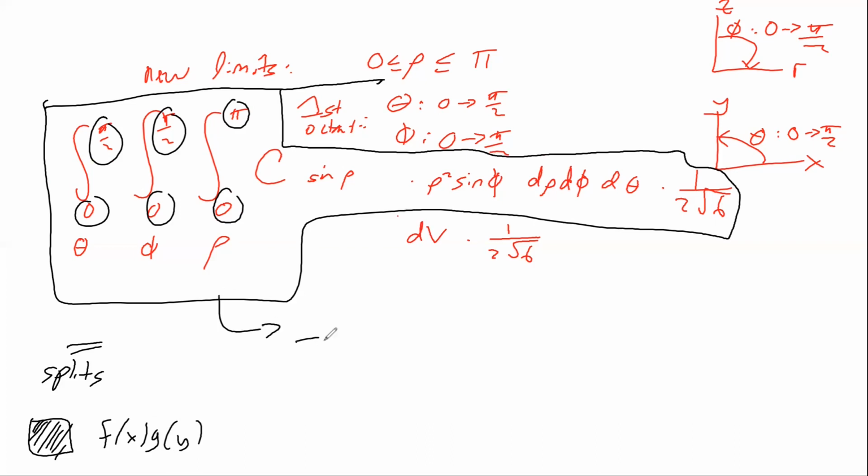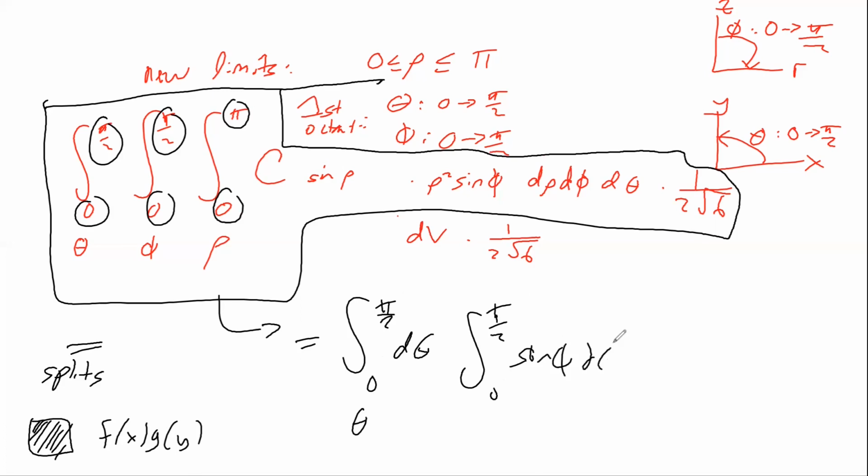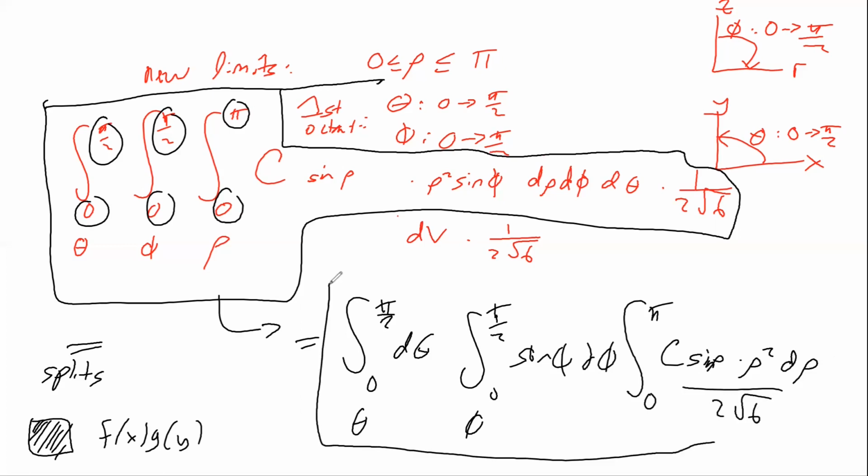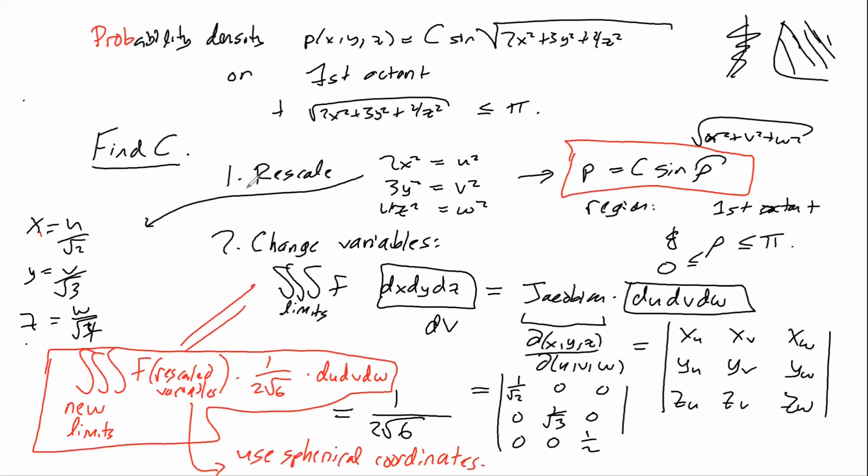So when you split that, it looks like the integral from 0 to pi over 2, the integral from 0 to pi over 2 of sine phi d phi. And finally, we have that rho integral of C sine rho, rho squared d rho, and you also have the silly square root of 6 factor. So now these integrals are totally doable. So I think the real challenge was this rescaling business.